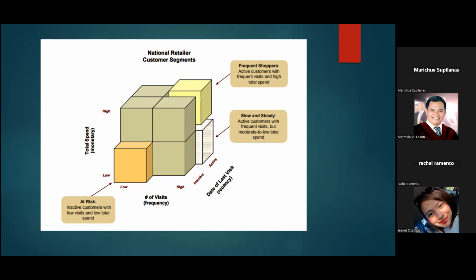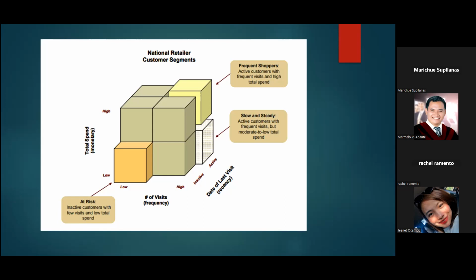Two sets of models could help marketers at this organization identify opportunities to increase the spend behavior of these customers: product purchase propensity models and online shopping propensity models. The objective of the product purchase model would be to identify the best cross-sell opportunities and convince more slow and steady customers to purchase across a broader set of product categories.